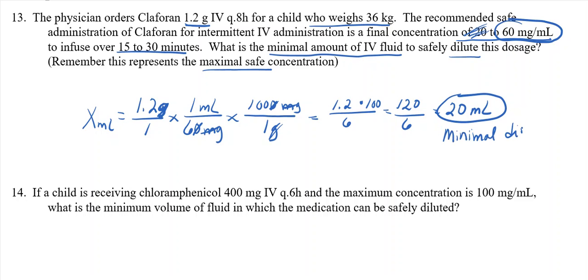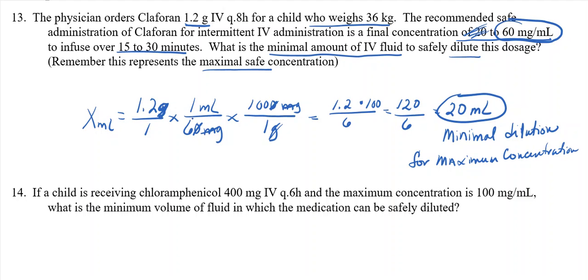Minimal dilution for maximum concentration. So that's what we're looking at. We're going to add 20 milliliters to our volume control chamber, and then we're going to add whatever the medication is.